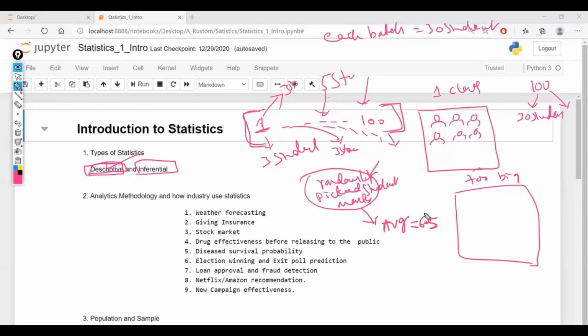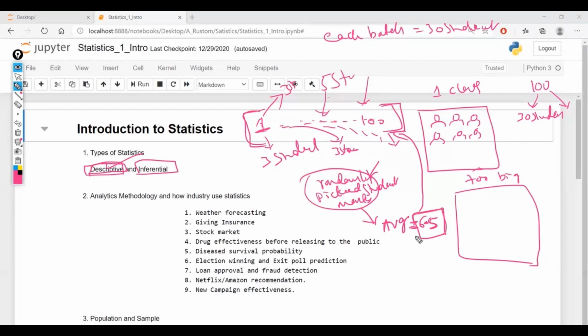Then what I can say is that I will be able to refer this 6.5 average to the entire batch, because it is too difficult to study all the students' data. So what I'm going to do is pick some students' marks randomly and get the average of those randomly picked students.